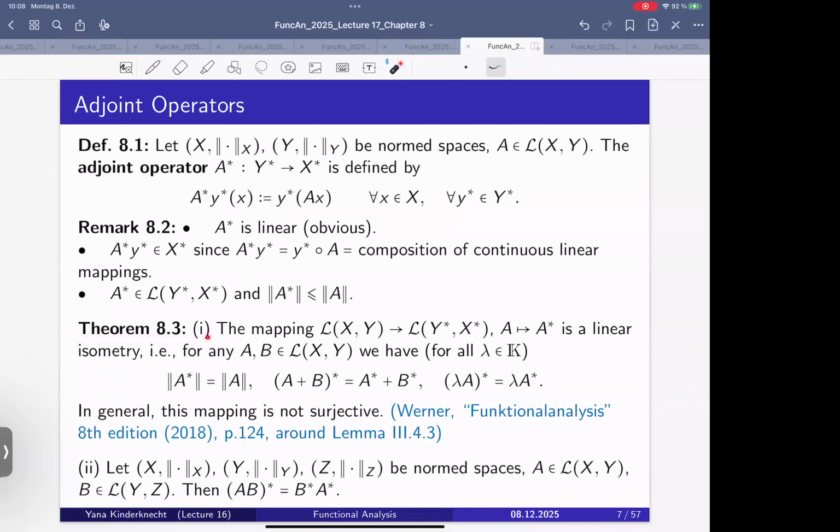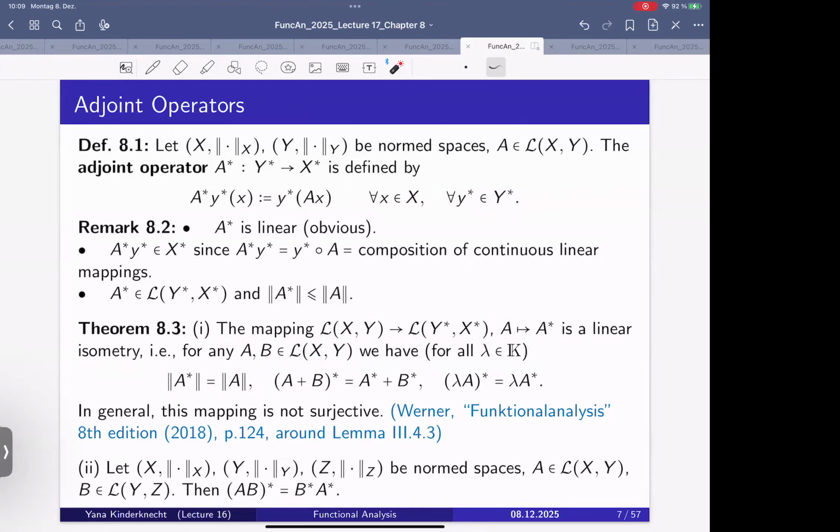So Theorem 38. The mapping which maps A to its adjoint is a mapping between the spaces L(X,Y) and L(Y*,X*). This mapping is a linear isometry. That is, for any two elements A and B from this space of bounded linear mappings from X to Y, we have that the norm of A* is equal to the norm of A. The adjoint of a sum of operators is the sum of adjoints.